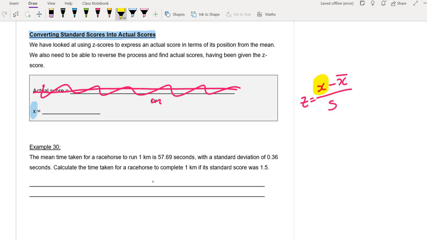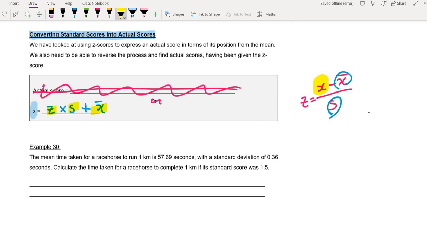So we're rearranging everything. Again, we're doing a bit of algebra. But here it is. You do all of it. This is what you end up with. So if you put this on the other side, multiply both sides by this, all of that business, this is what you end up getting. So whenever you're asked to find the actual score, not the z-score, and you're given all of these three, you can use this formula if you like.